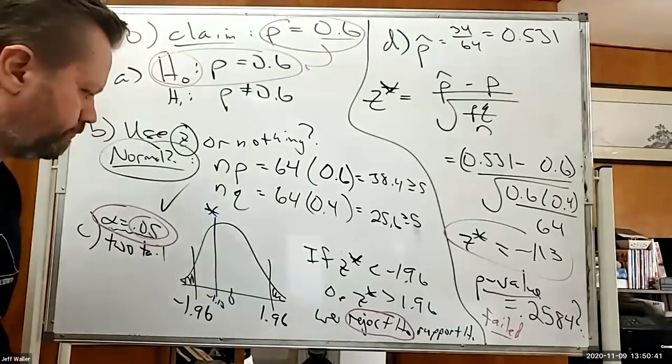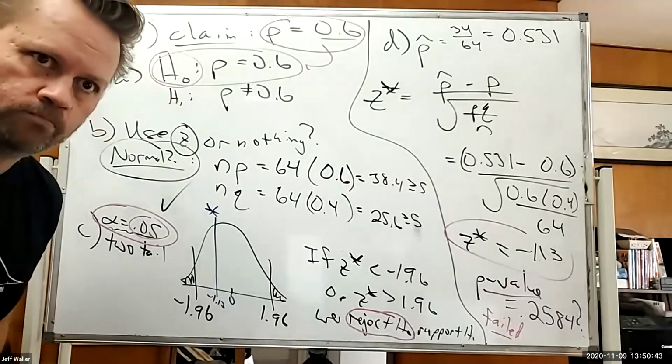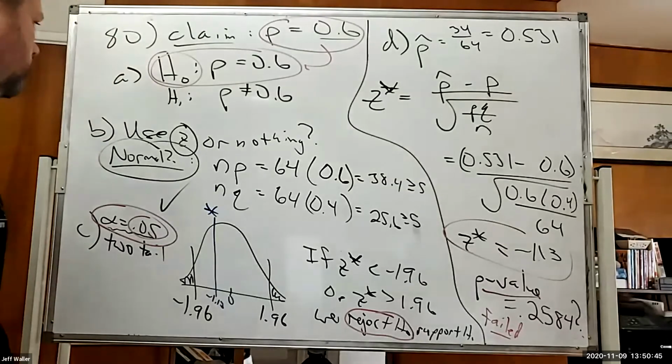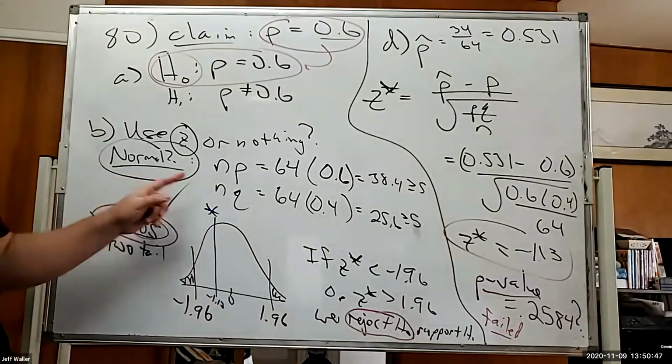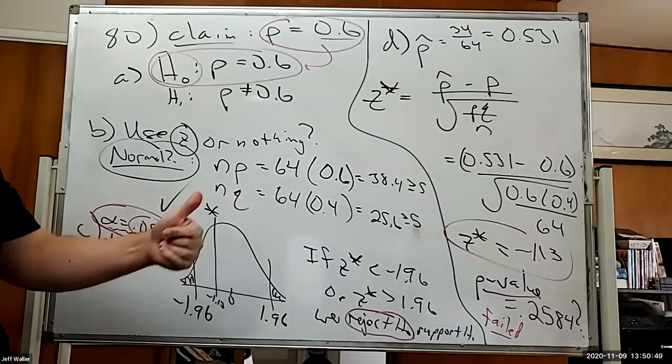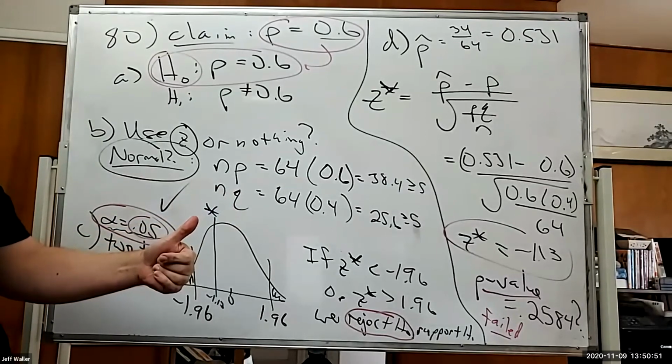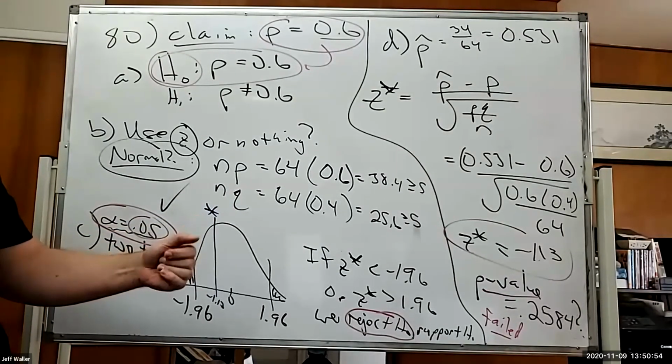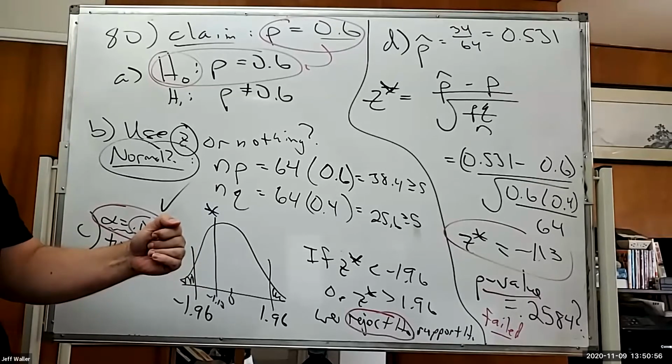I'm just a little confused on part B, where we're testing the np and nq. Can you explain how you got the 38.4 is greater than or equal to 5?